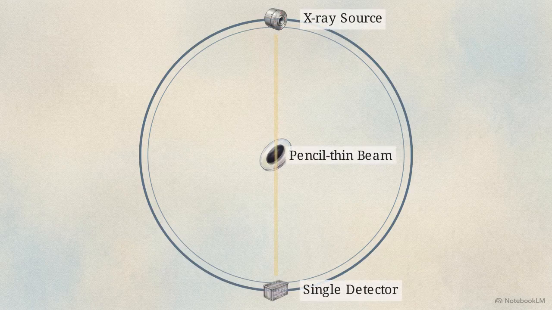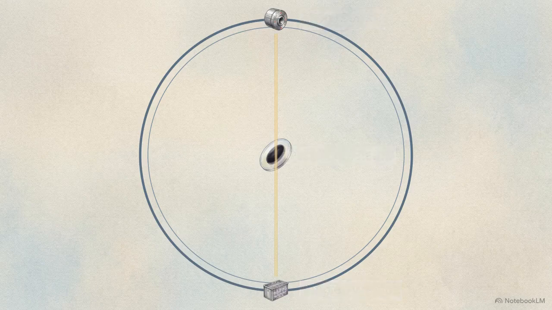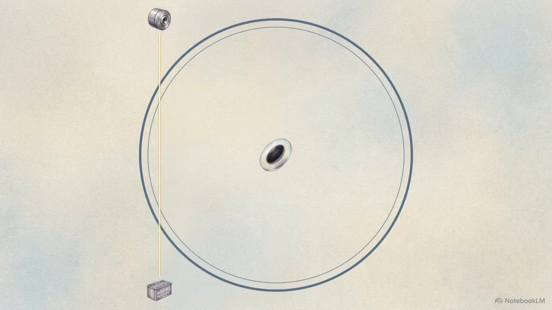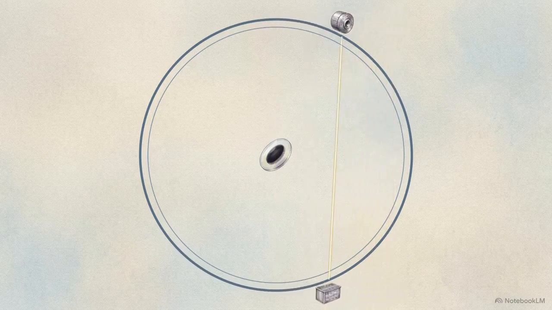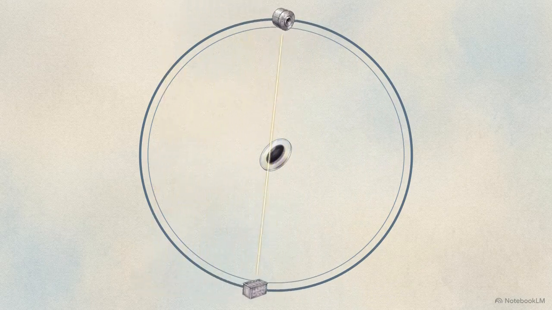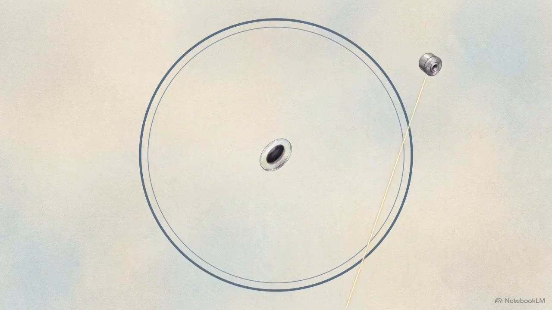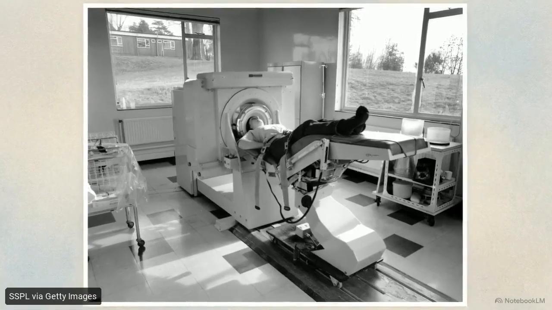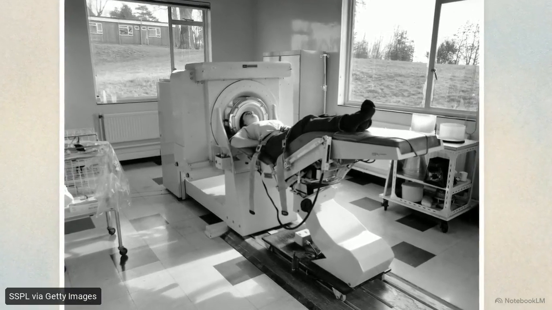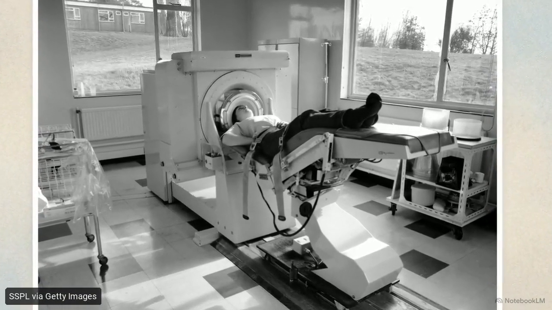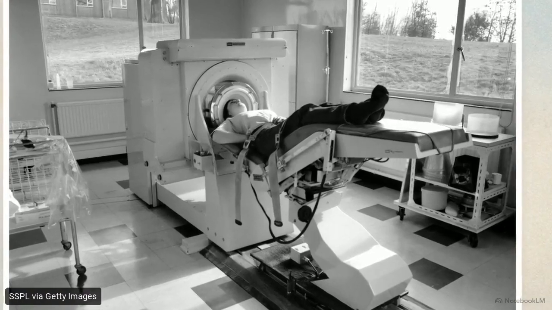The architecture consisted of a single X-ray source aiming a pencil-thin beam directly at a single opposing detector. To capture a full slice, the machine utilized a translate-rotate motion. The tube and detector would translate linearly across the patient, stop, physically rotate 1 degree, and then translate back across.